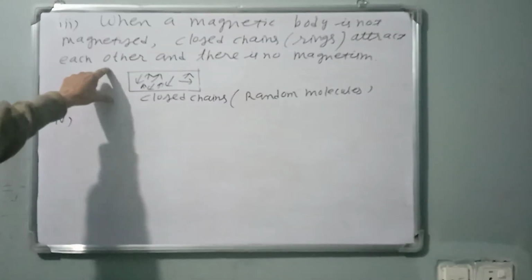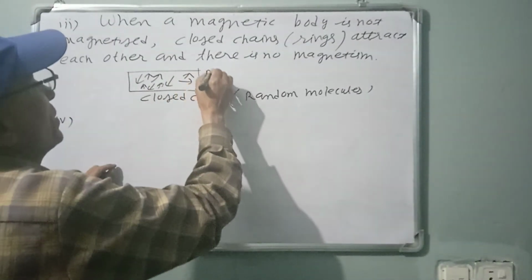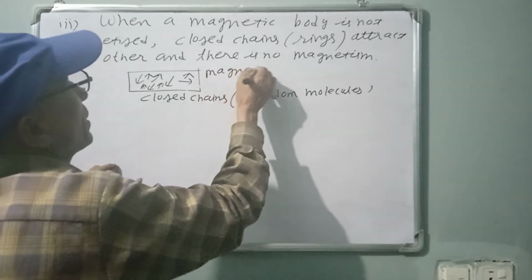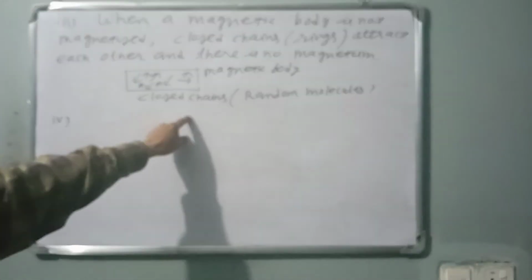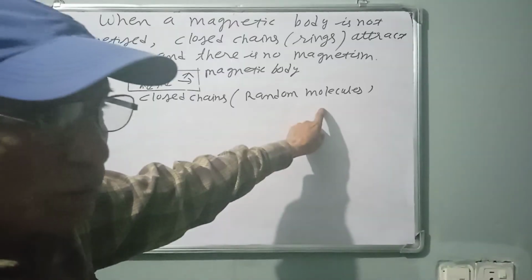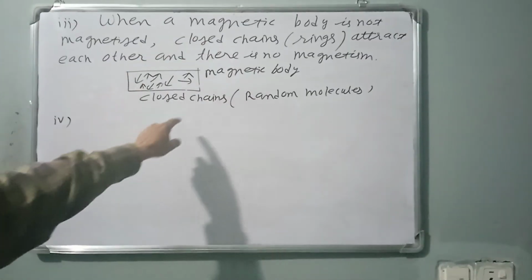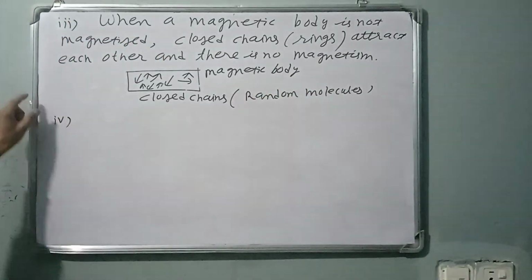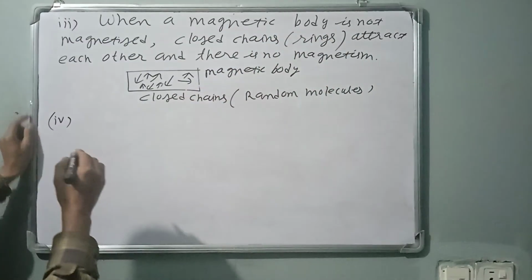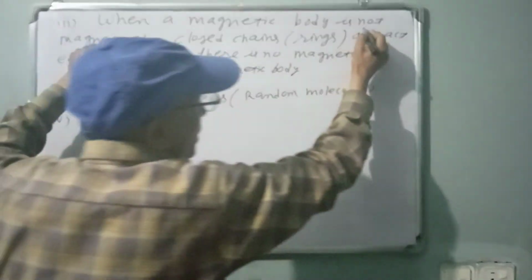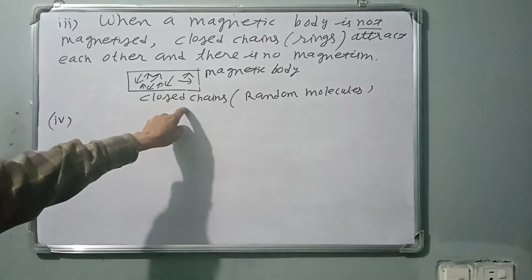Just like it is a magnetic body. A magnetic body has closed chains or random molecules which attract each other and there is no magnetism. Number 4 and last, when a magnetic body is not magnetized, closed chains are there.